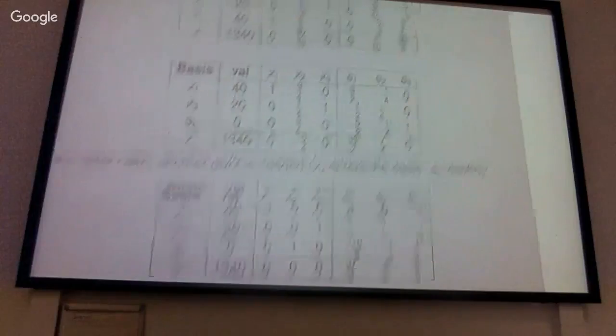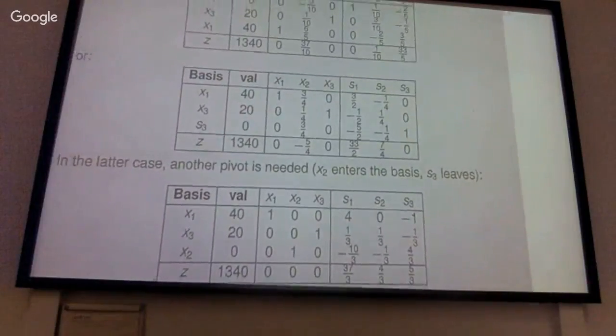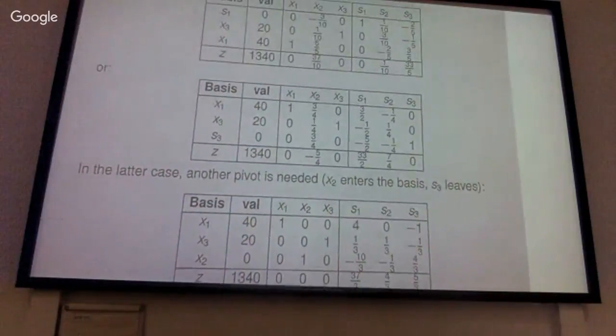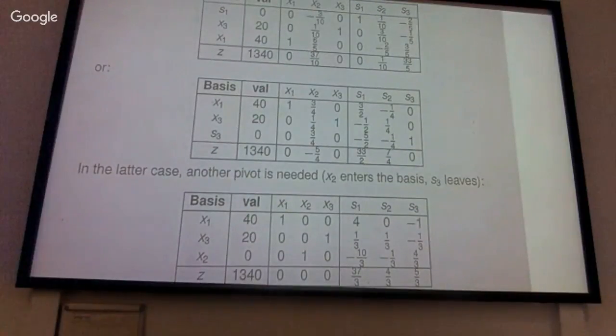Okay, but when you compare, this is something maybe a little bit ahead of what we were doing in the lectures, because you have two different tableaus, the top one and the bottom one, and they both appear to be optimal, and that can happen. But as you can see, they actually both correspond to the same optimal solution, where x1 is 40, x3 is 20, and everything else is 0.